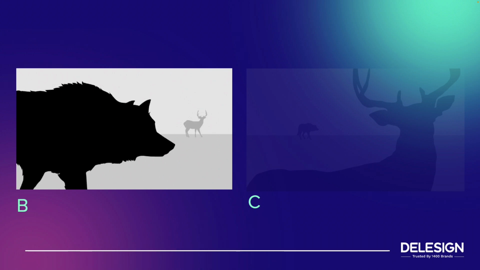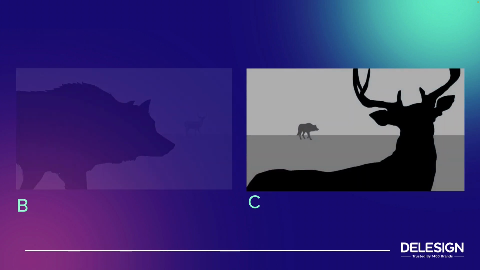But if you use contrast in this image, the wolf in the foreground is much larger compared to the deer in the background. The contrast of size implies that the wolf is the more dominant or more significant element in the scene. It immediately draws your attention, giving it a sense of power and importance. Conversely, in this image, the deer is in the foreground and significantly larger than the wolf in the background.